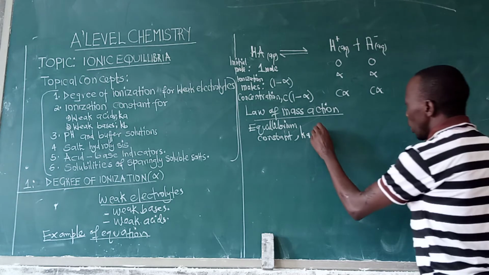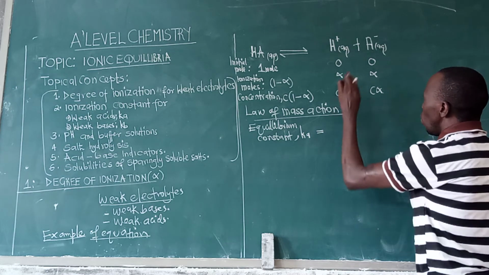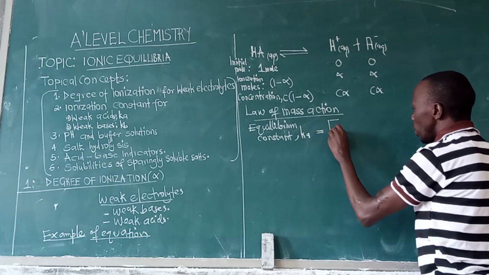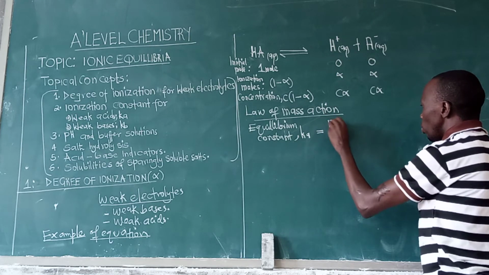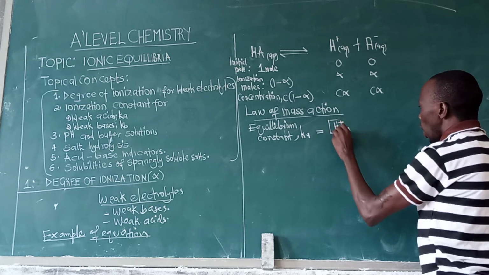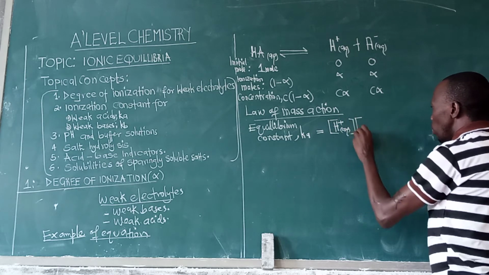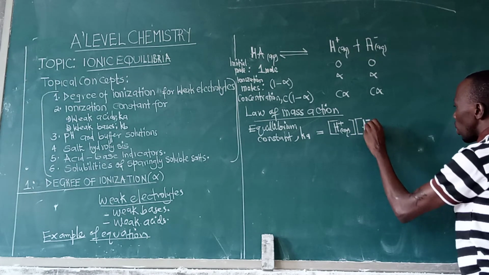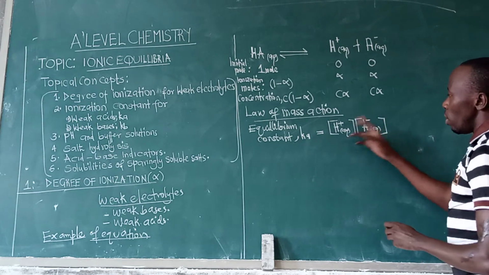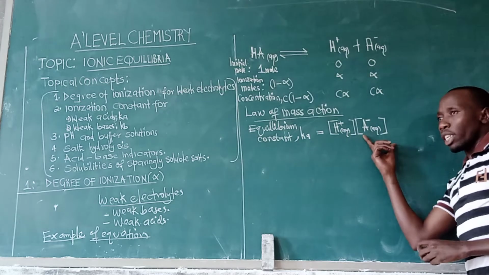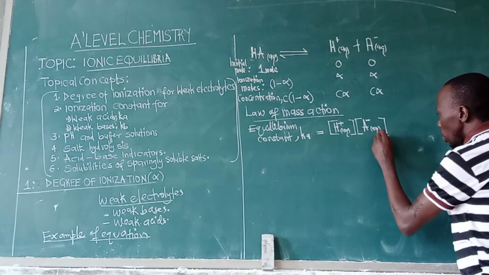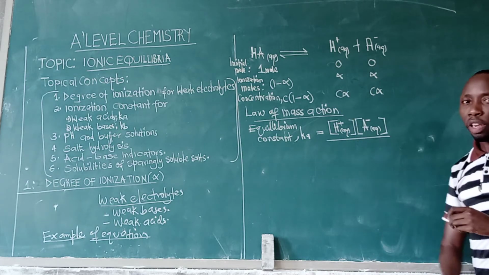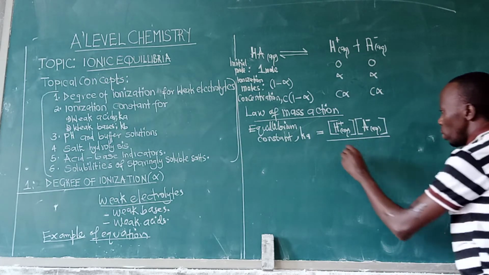Now here, the Ka is going to give us the concentration of the constituent ions. We use a bracket. In this case, we shall say the concentration of hydrogen ions, aqueous, times the concentration of the base, aqueous, dividing it by the concentration of the original solution or original electrolyte.